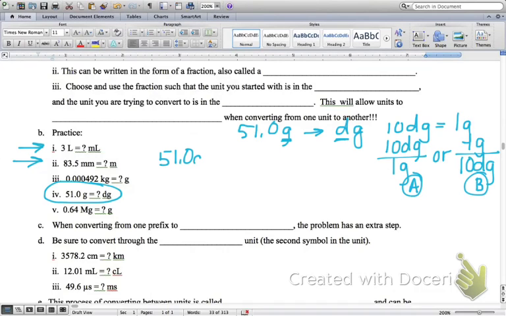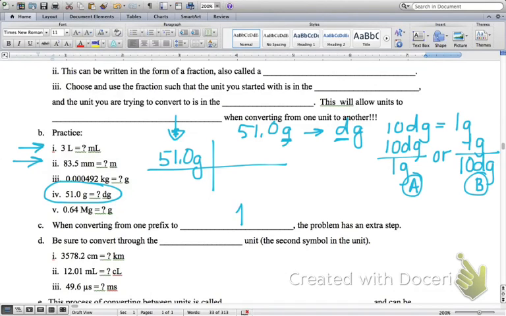If I start with 51 grams, I'm going to set up what are known as the train tracks, which is just drawing a large horizontal line and then a small vertical line, so that I put right here the quantity that I was given, which was 51.0 grams.